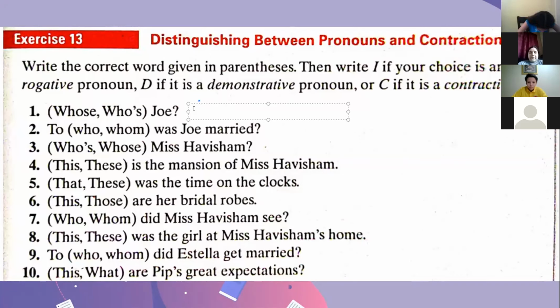It's interrogative. Well, remember that demonstrative are that, those, these. So the only thing that you have to do is to write next to the question if you think it is an interrogative pronoun or a demonstrative pronoun, okay?